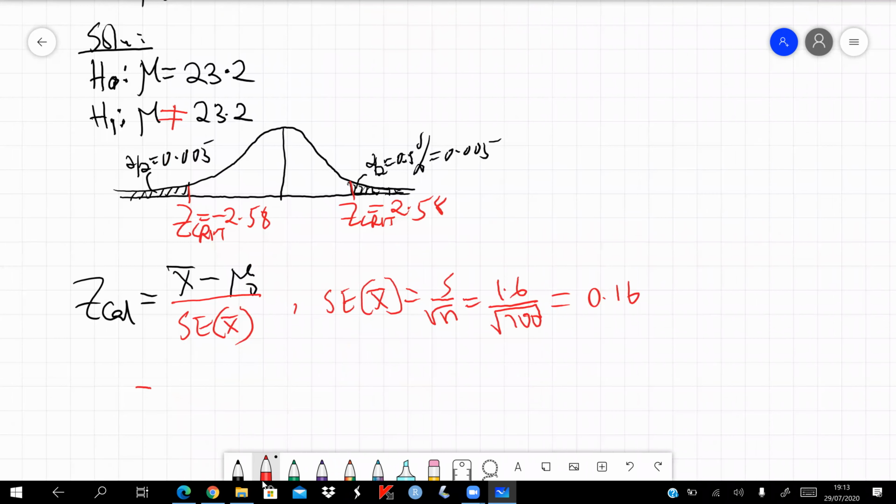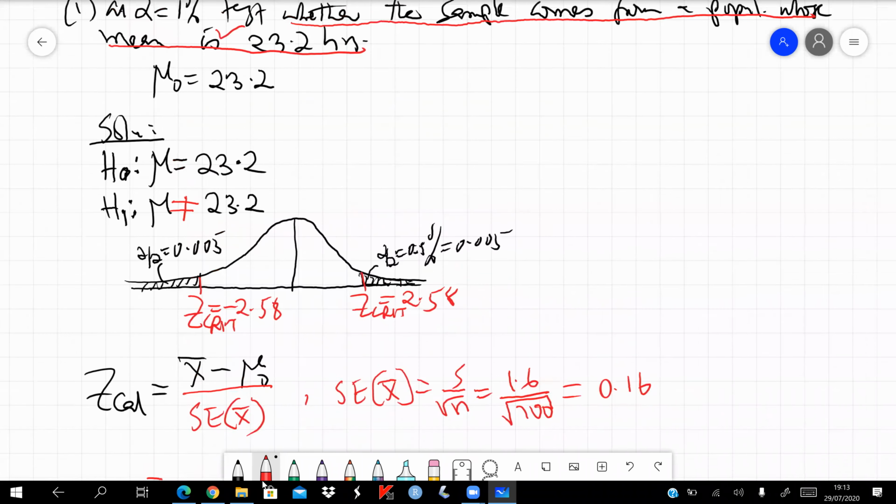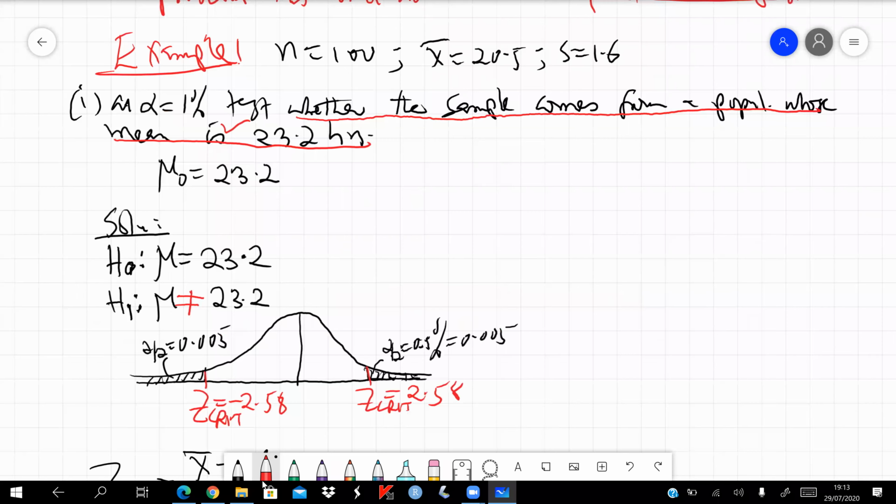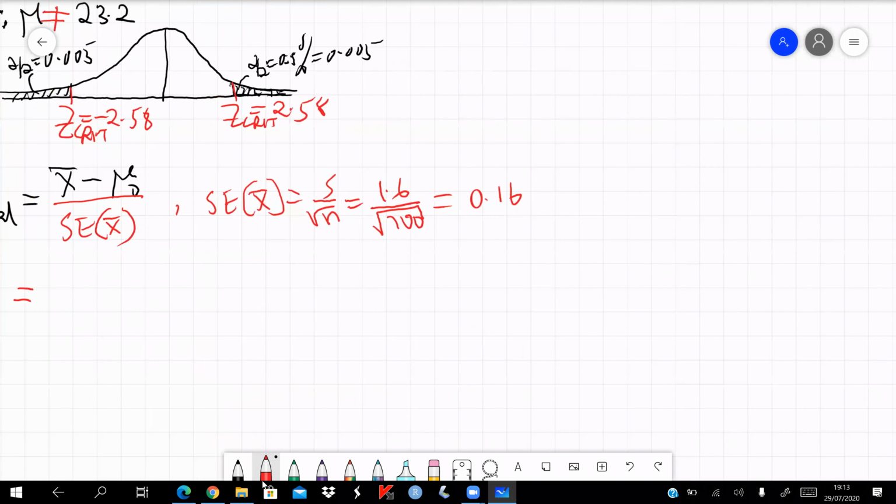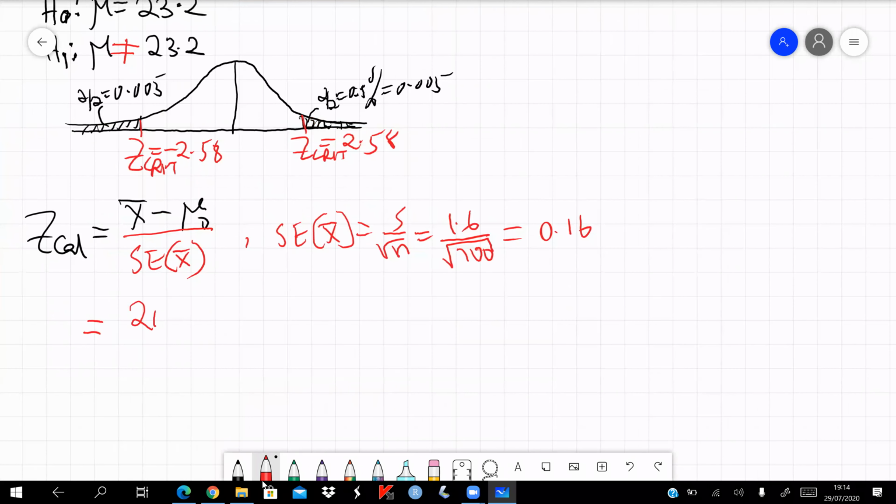So we continue. Our Z calculated will be X bar, which is 20.5, minus our mu naught, 23.2, divided by 0.16. So that is our Z calculated.